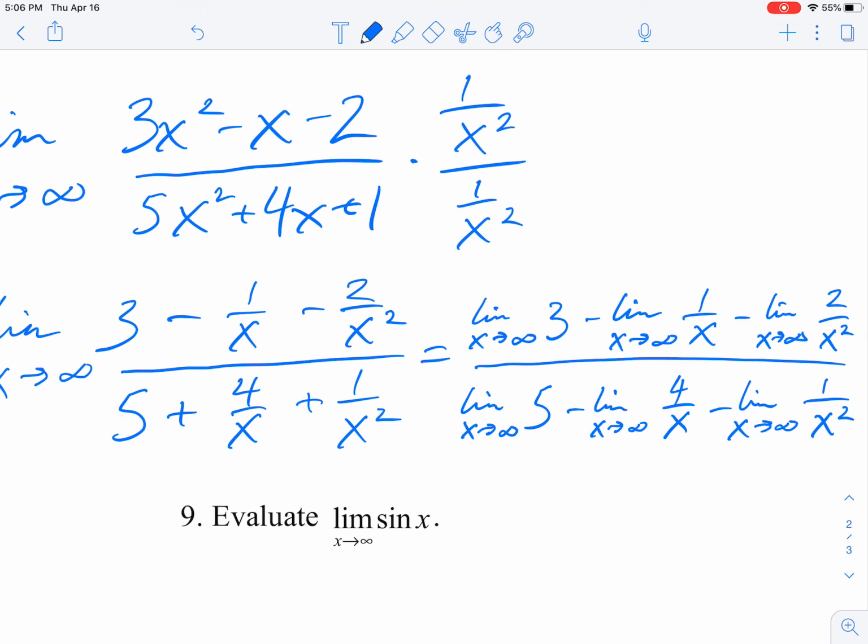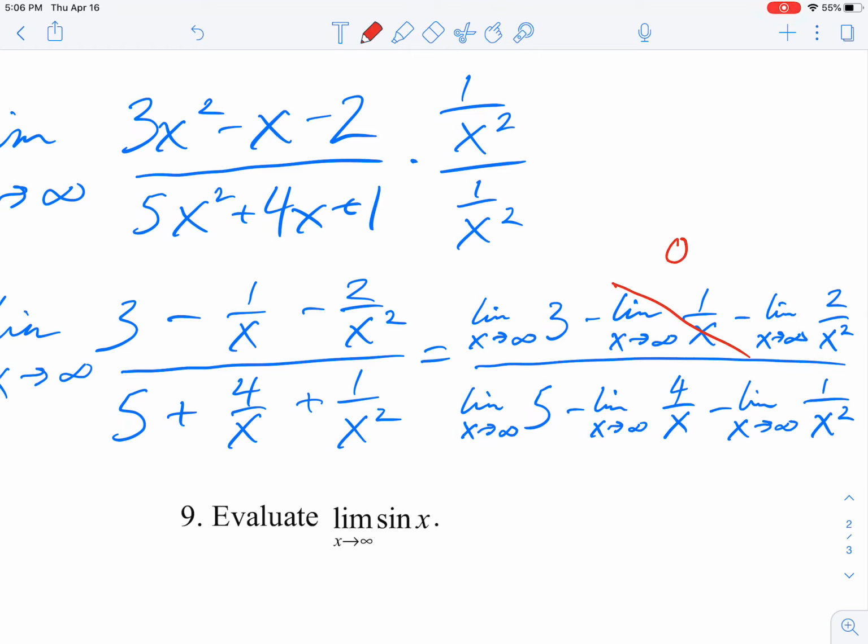Now, we just did the limit as x goes to infinity of 1 over x. That, we know, went to 0. By similar token, any positive power on x is going to go to 0.